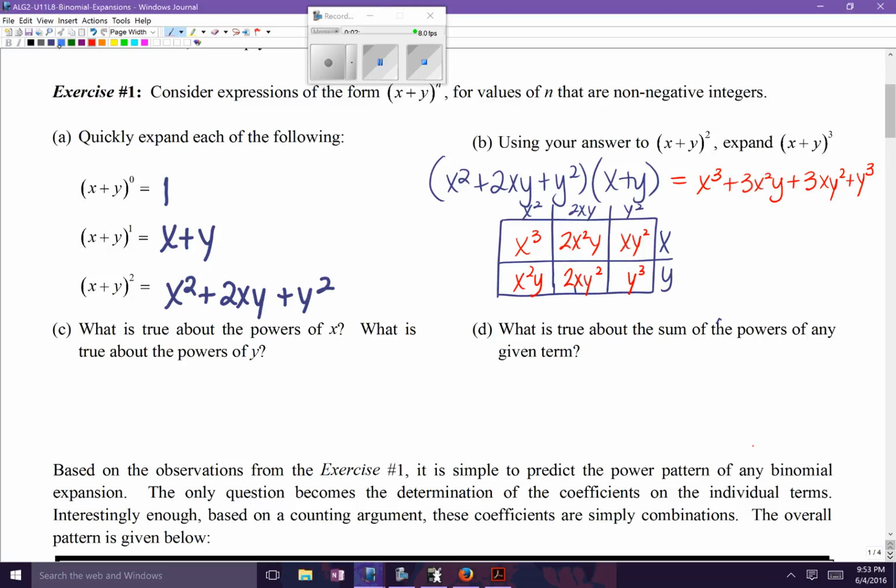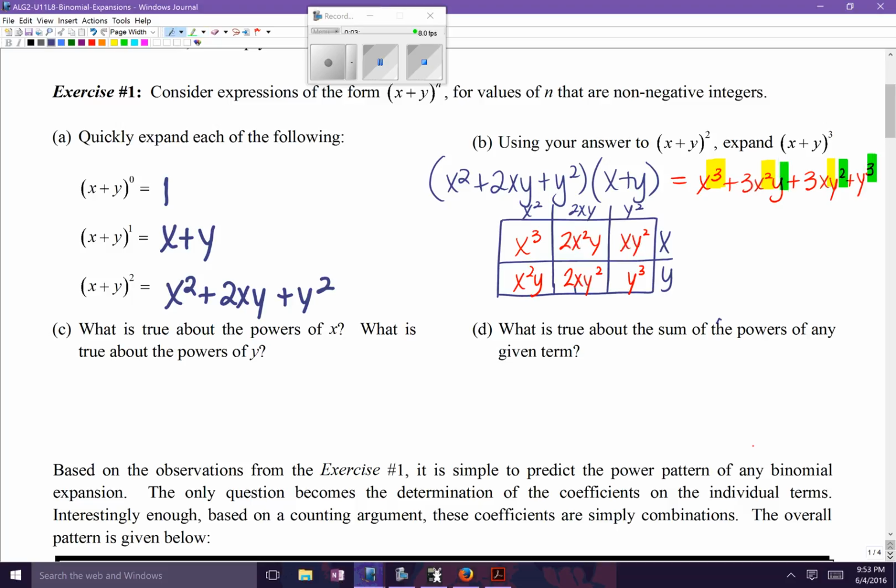What is true about the powers of x? What is true about the powers of y? So let's take a look. Right here, I'm going to do it in yellow. My powers of x went from 3 to 2 to 1 to none. Okay, let's see. Maybe the powers of y are doing the same thing. So the powers of y went from none to 1 to 2 to 3.